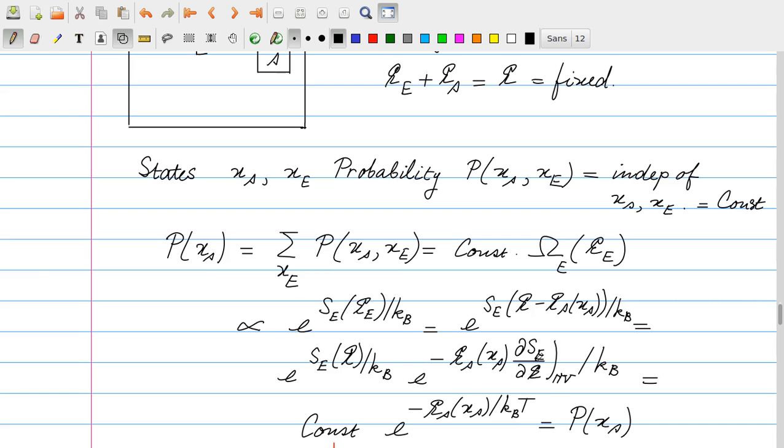And then we have a first order Taylor term, and I've split here the exponents.